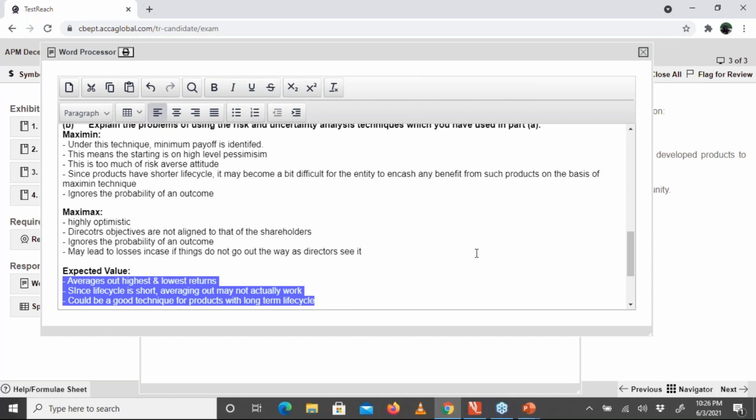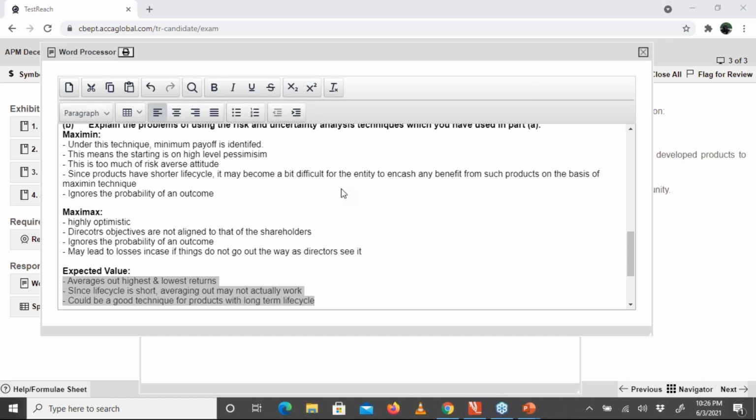So you see, that is something that could happen. Is that okay with you all? Okay, so we are done with the second requirement of this question also.